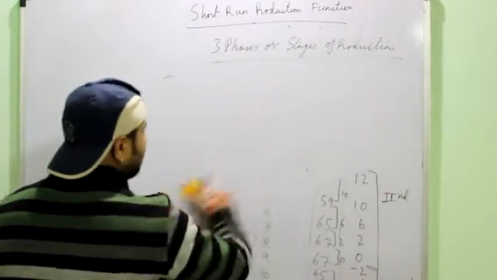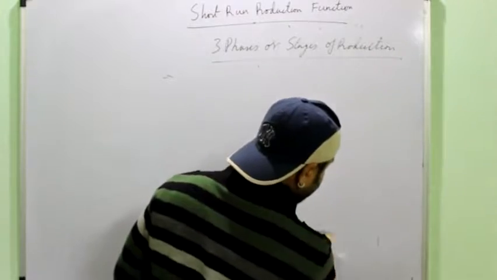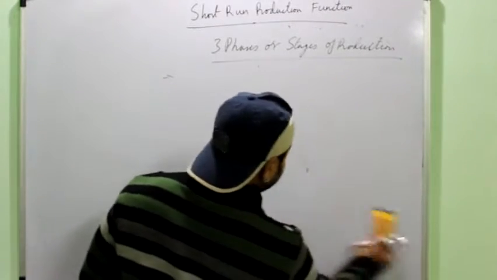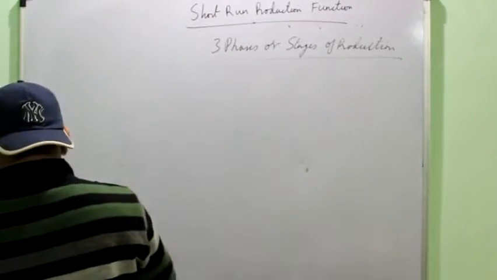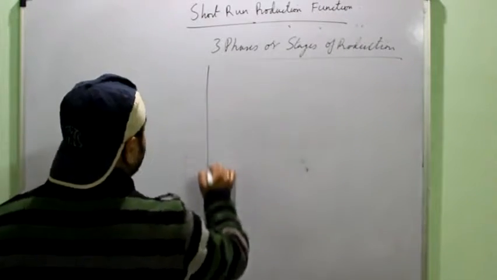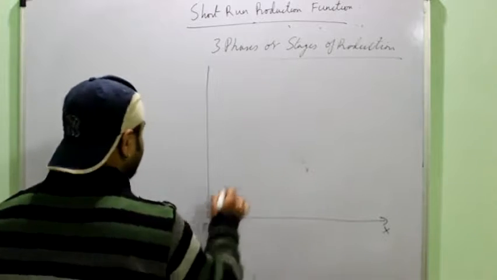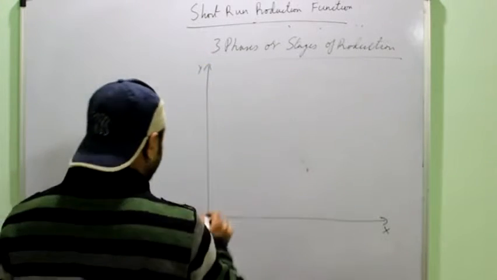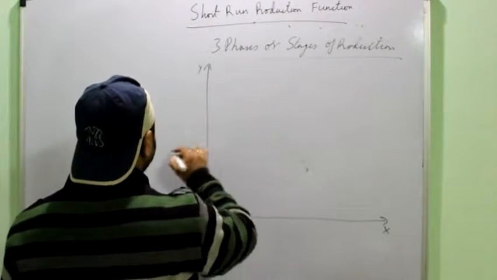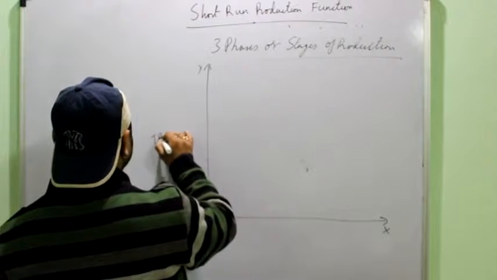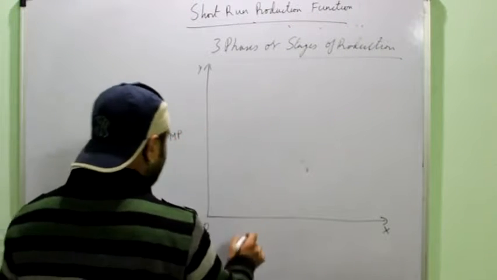Now we have to study these stages diagrammatically. Again you have to remember that when the curve is increasing, like slope of the TP is increasing, it will be a concave curve. When it is decreasing, then it will be a convex curve.